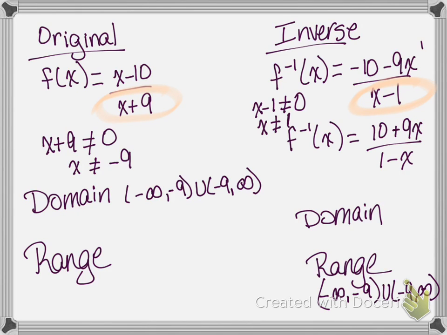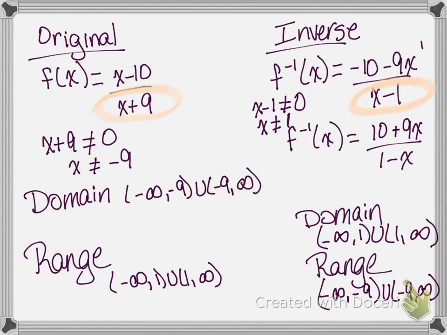Okay, so my domain for my inverse is negative infinity to positive 1, positive 1 to infinity. The domain of my inverse is the range for my original.